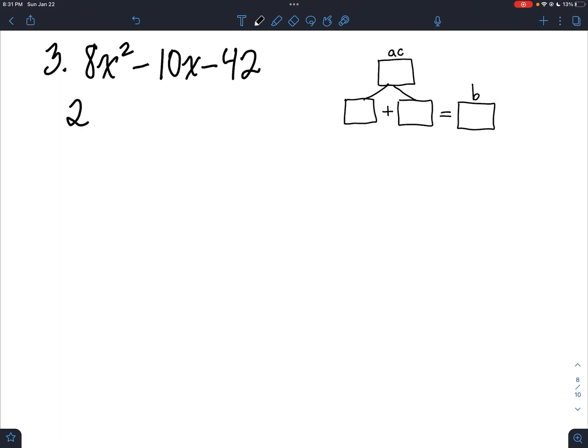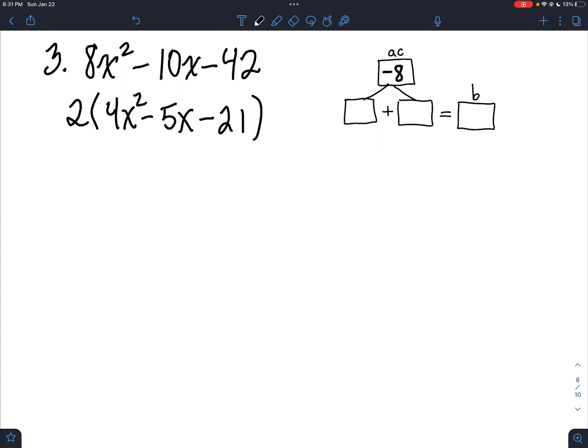So all of these have a 2. They don't all have an 8, and they don't all have a 4. So I think 2 is the largest that they have. But these numbers all are going to get halved, and then signs will stay the same. So basically divide everything by 2, and there you have it. Okay, something much easier for us to factor.